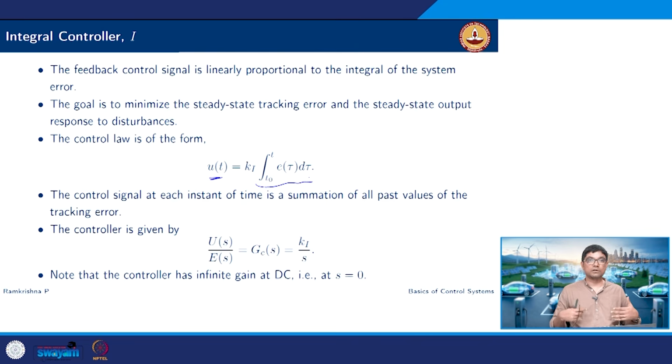So, the control signal at each instant of time is a summation of all past values of the tracking error. I accumulate all the errors, and then I see what corrective action is needed. The controller transfer function is just Ki by S.